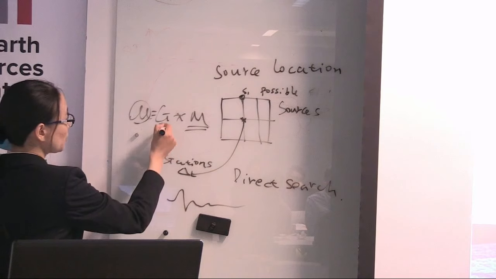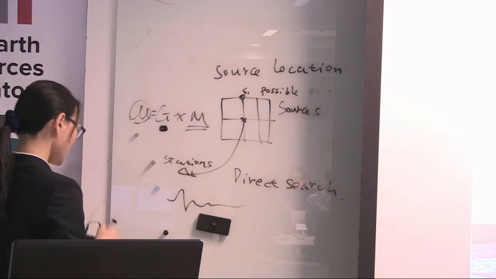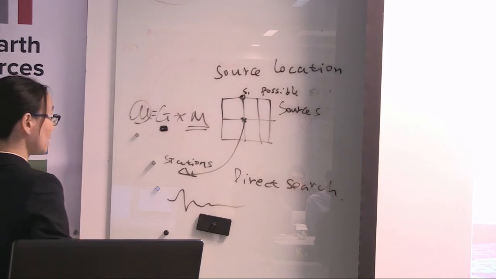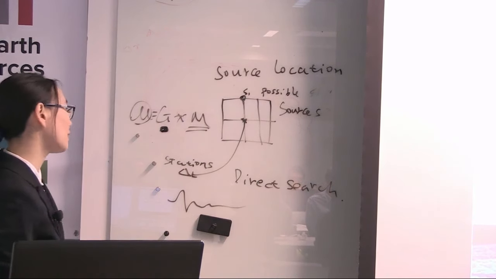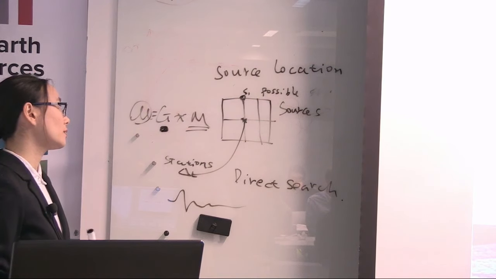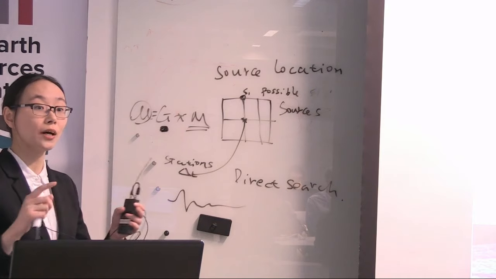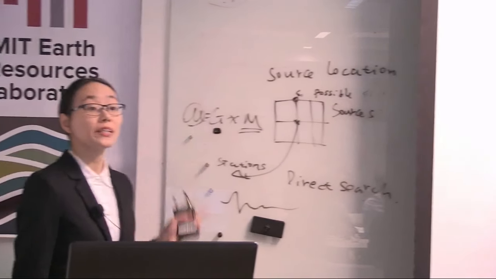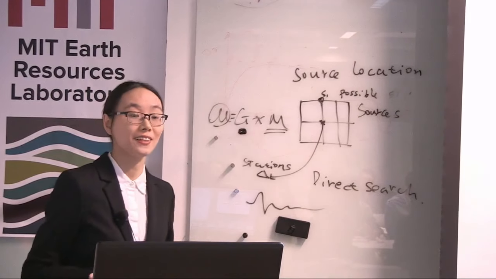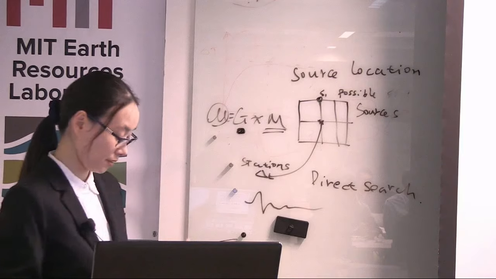If you save the strain Green tensor, you only need to do one simulation to get the seismograms at all stations. And I think the Southern California Earthquake Center also saves the strain Green tensor for special use. Questions?